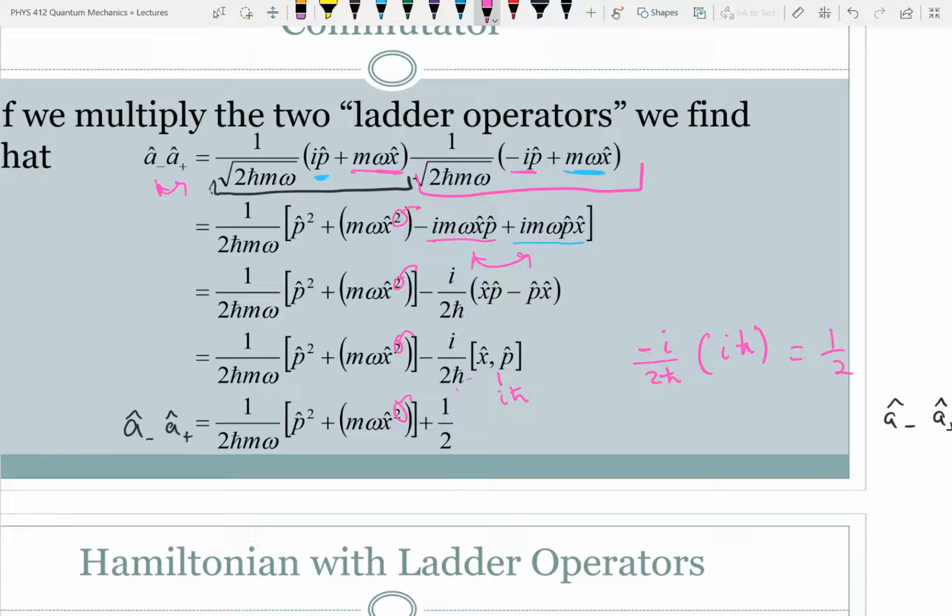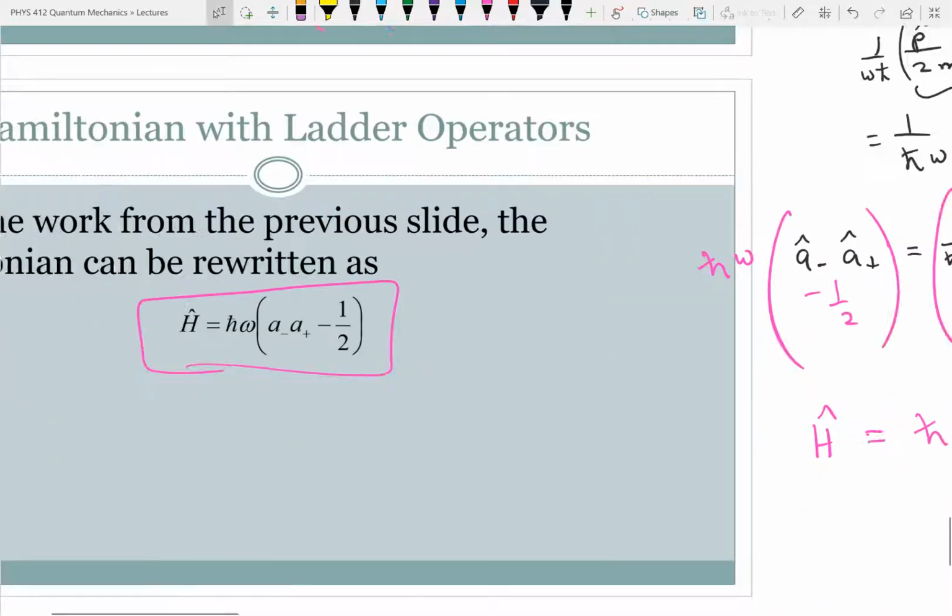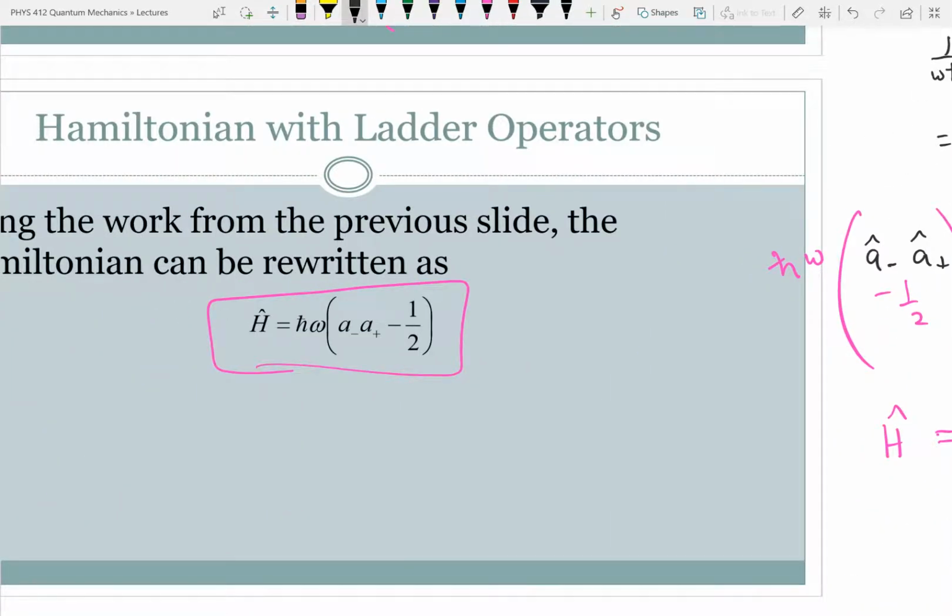So the one in blue would have been negative and the one in magenta would have been positive. That means that if I had reversed the order, it just would have, in the end, changed the sign of the 1/2. Now that's the shortest way to get there.